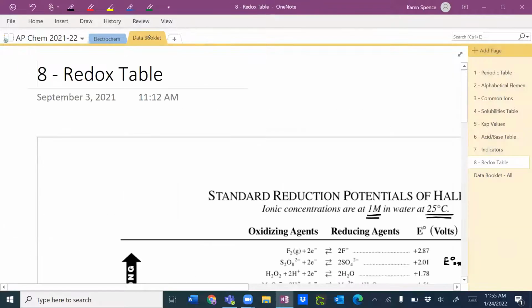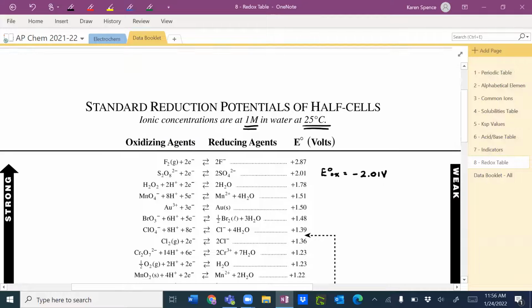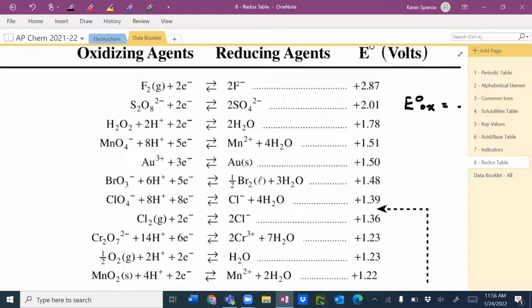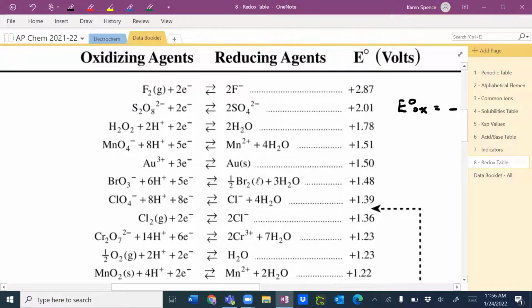So let's go see what's spontaneous. S2O8, that's way up at the top. Okay, here we have our S2O8. Were we looking for spontaneous? I think we were.